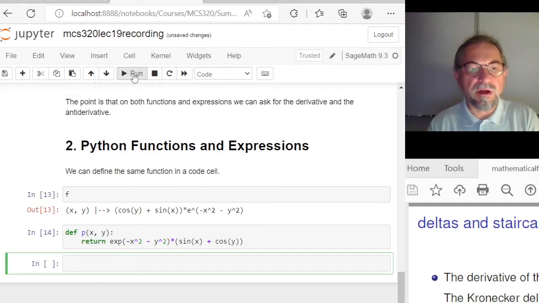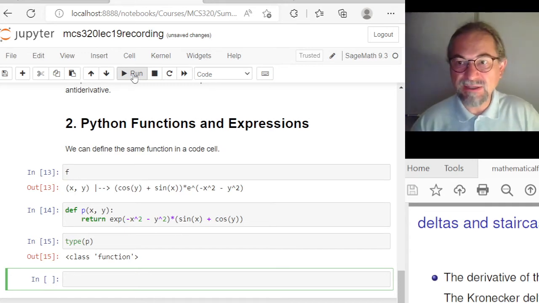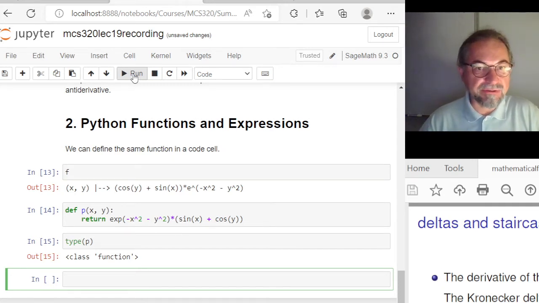When I hit run, all that happens is that the syntax is being checked and I didn't make any type errors. The point being that we have an object p that is an instance of the class function.